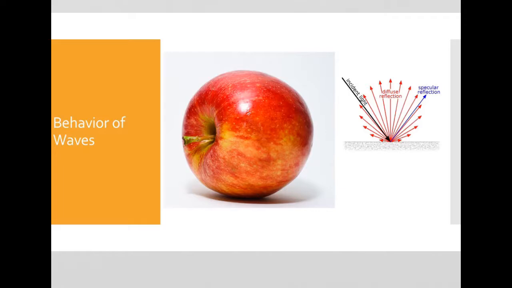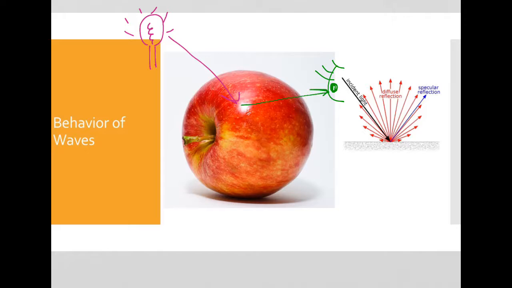So in this image, I actually see specular reflection and diffuse reflection. The original light source might be somewhere up here, and it is hitting the apple. The area where it's hitting the apple and coming straight back at my eye, let's draw my eye over here, is this particular one.